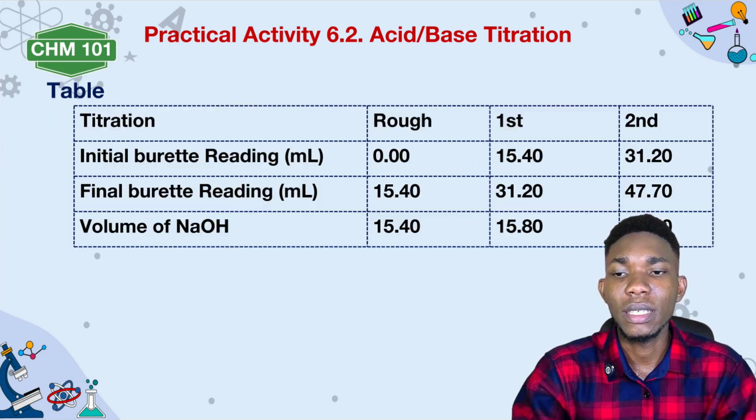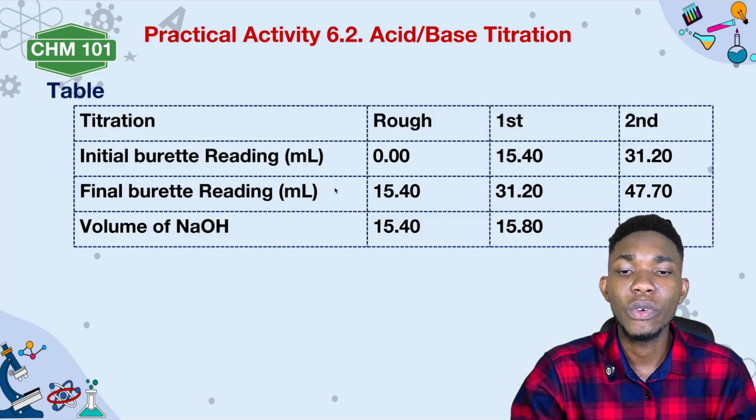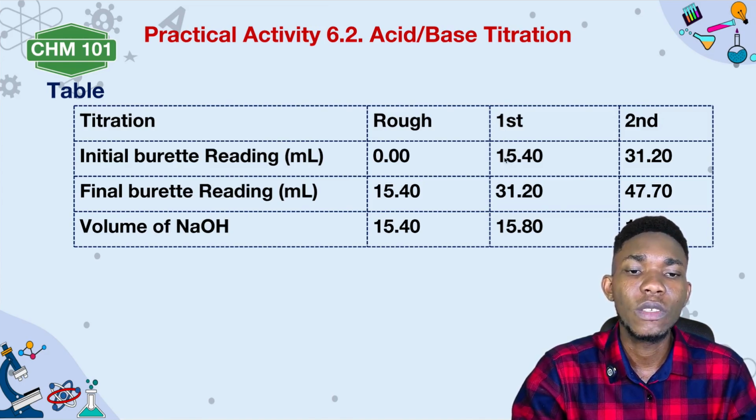Now, the next one is this table. We have the initial burette reading, final burette reading. Then this is your rough. This is your first titer. Now your initial burette reading for this particular person, for this first titration, was 15.40. Final burette reading is 31.20.